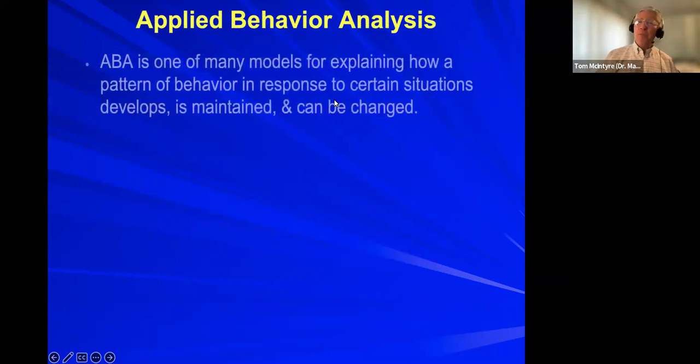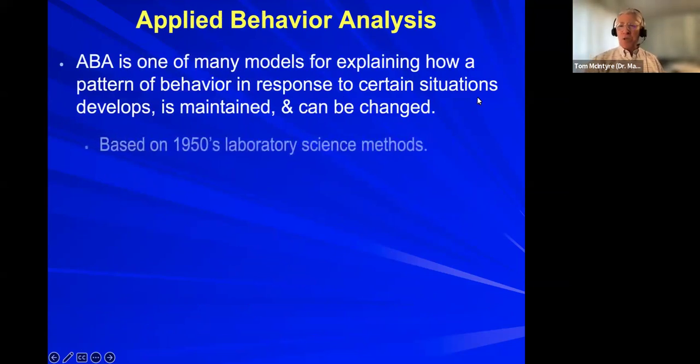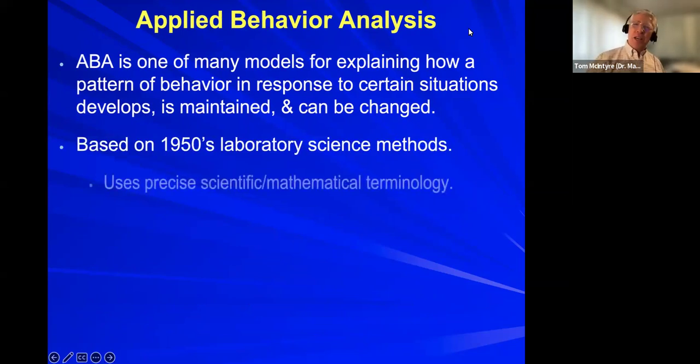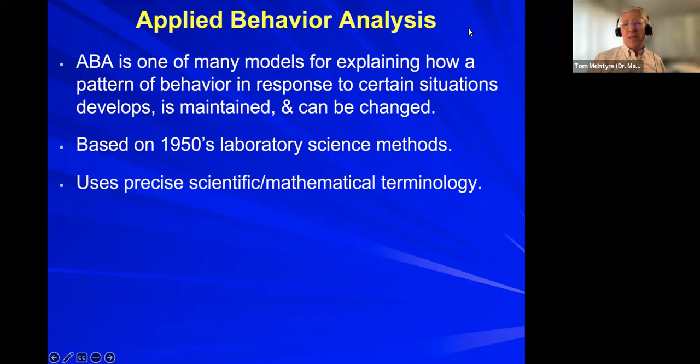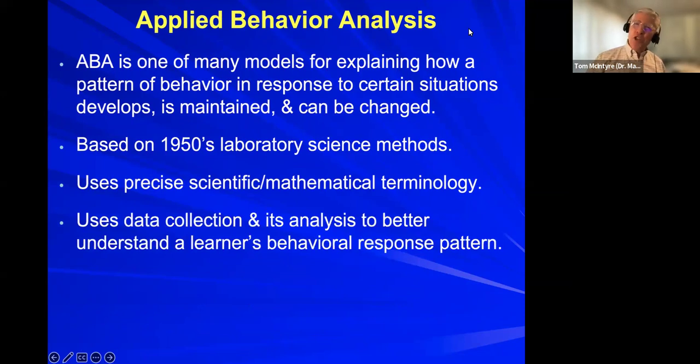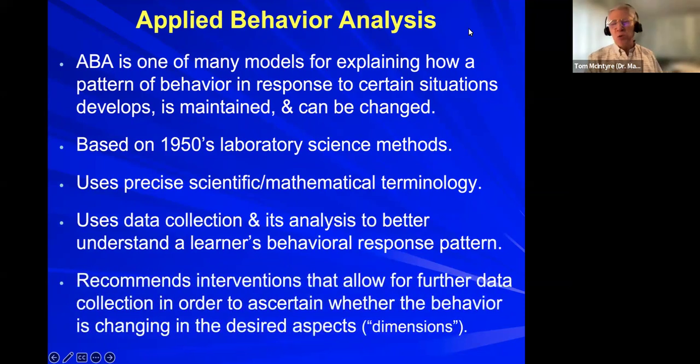All right, the applied behavior analysis model. There are many, many models that purport to be able to explain how our behavior patterns in certain circumstances developed, why they continue on, and how to go about changing them if we see the need to do so. The ABA model is very scientific, very mathematical, based on laboratory science methods. So precision is important.